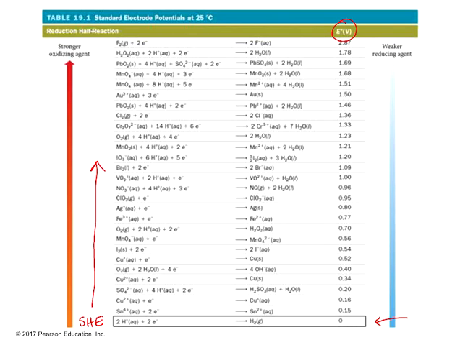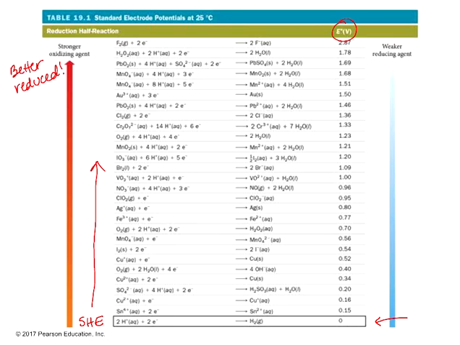So if you have an oxidizing agent, it's able to be reduced. So as we go up this table, or as those E values become more positive, that means that that half reaction is going to be reduced more so than any half reaction below it.